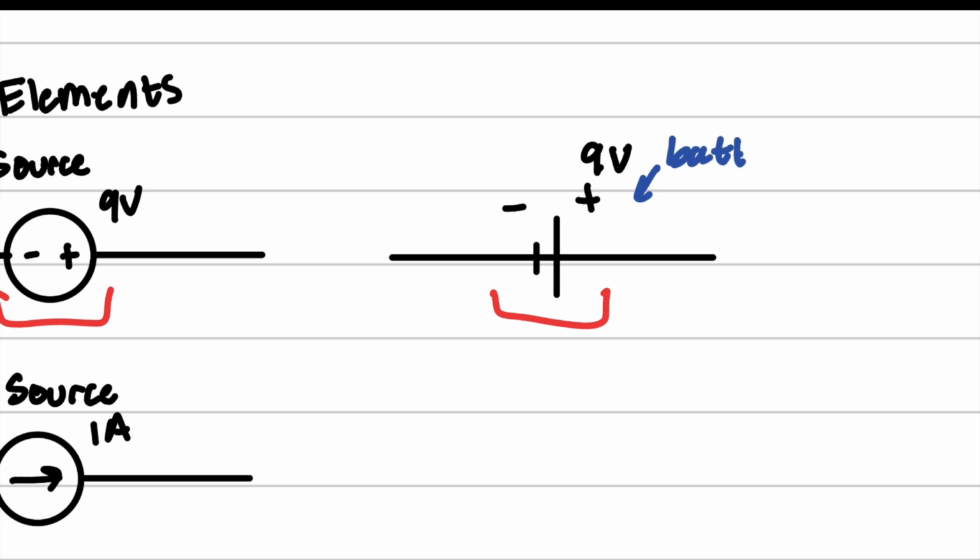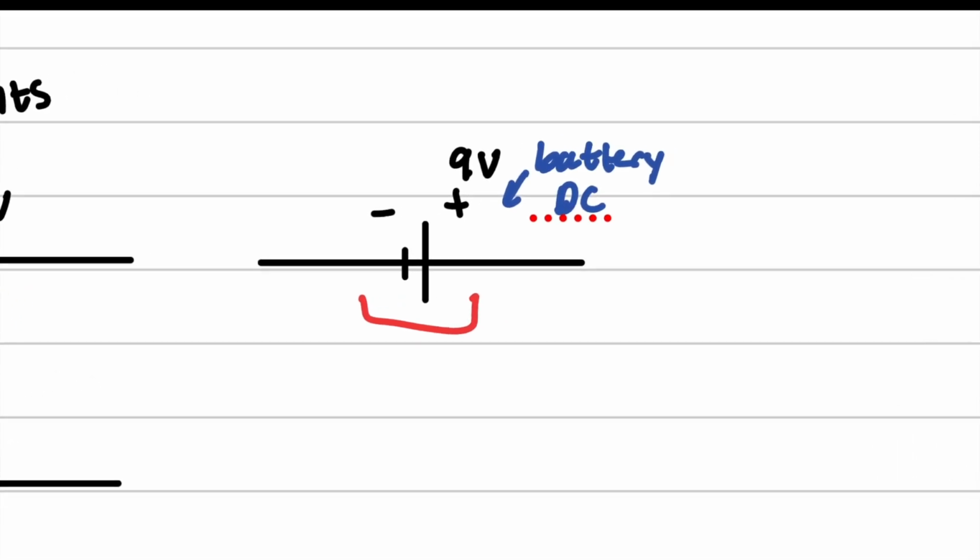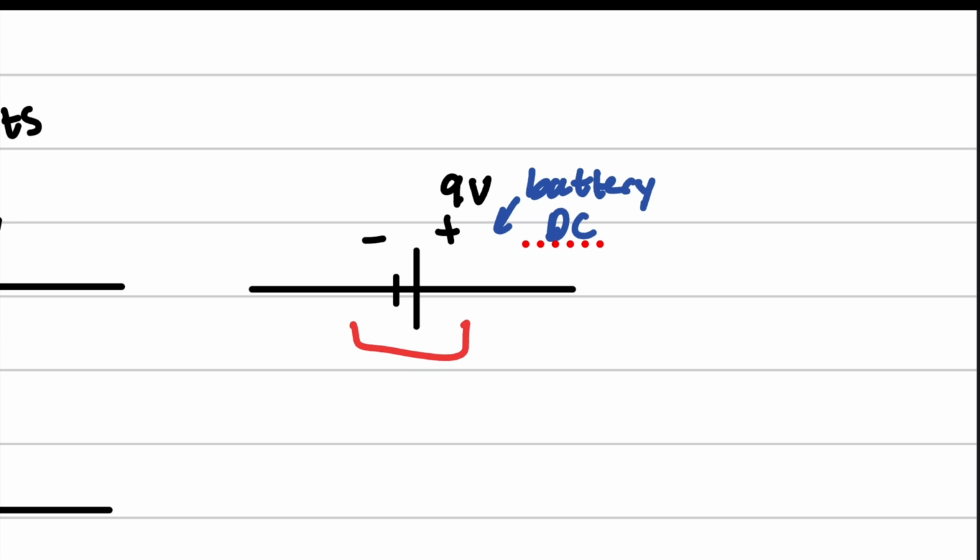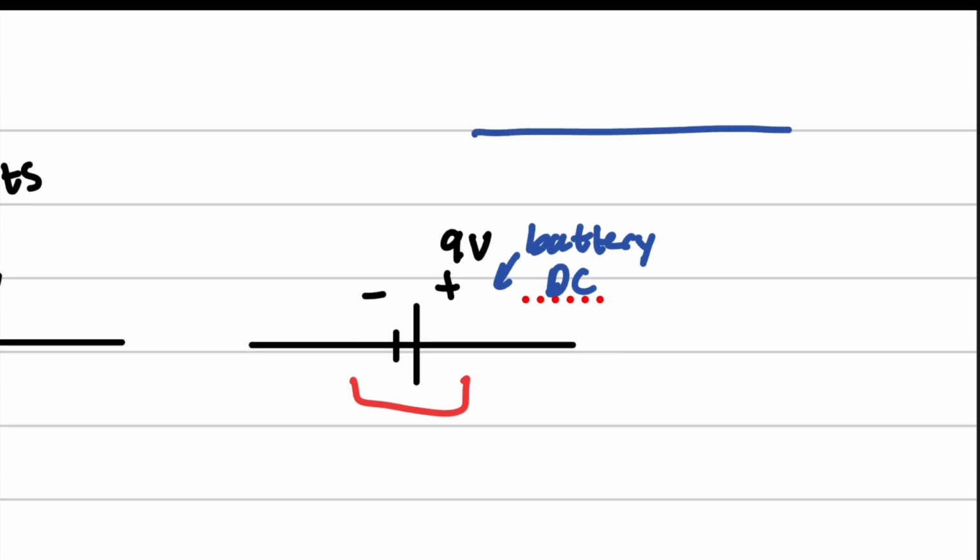Why? Because this represents a DC source. So a DC source basically is just a constant voltage source over time. There's no oscillations or anything like that.